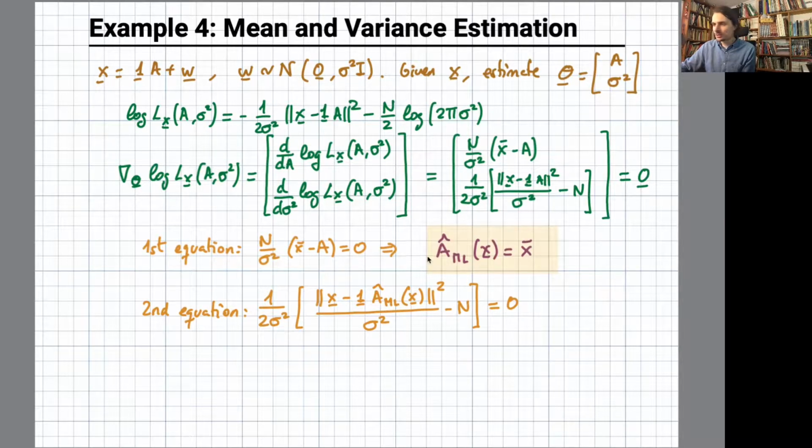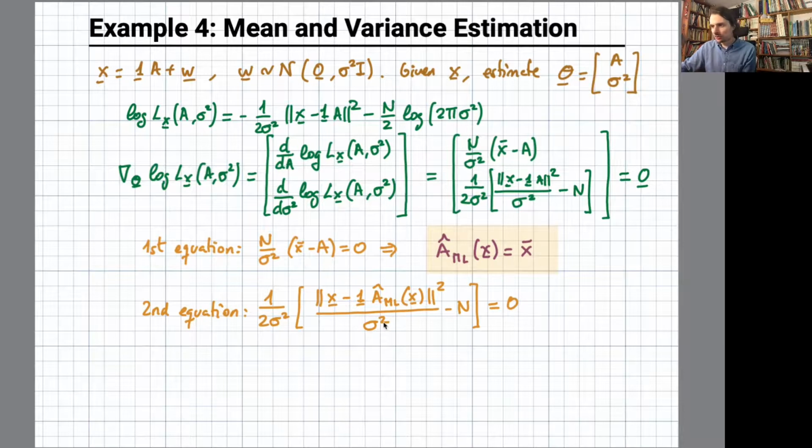And this means that the A solving this system needs to be equal to x bar, the sample mean or average. So now that we have obtained this value of A, we can just substitute it in the second equation. Okay, so we obtain precisely this.